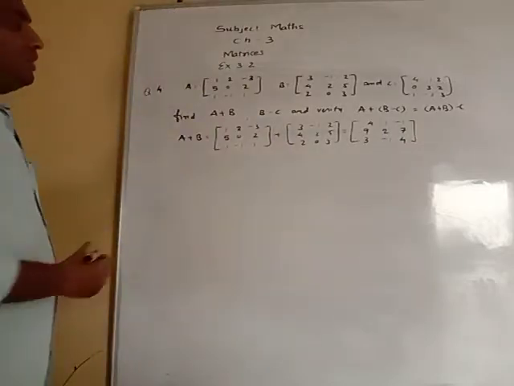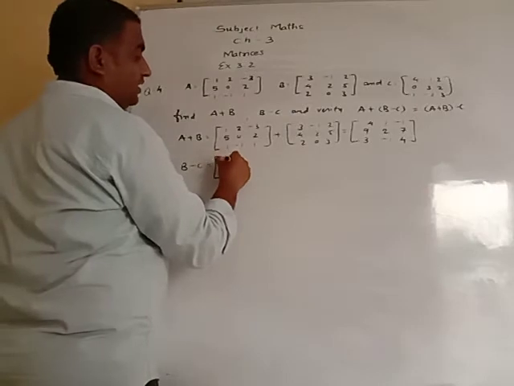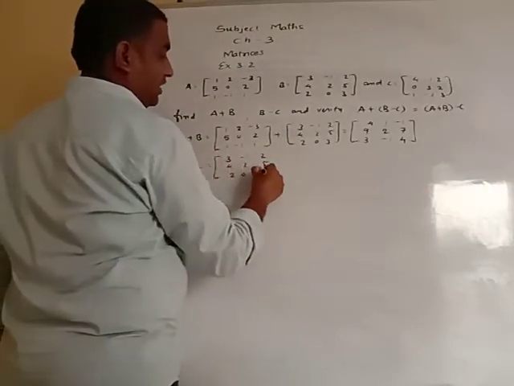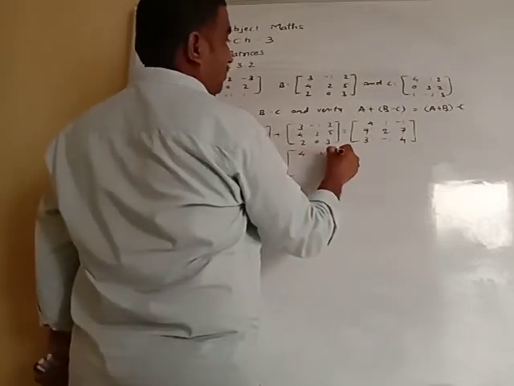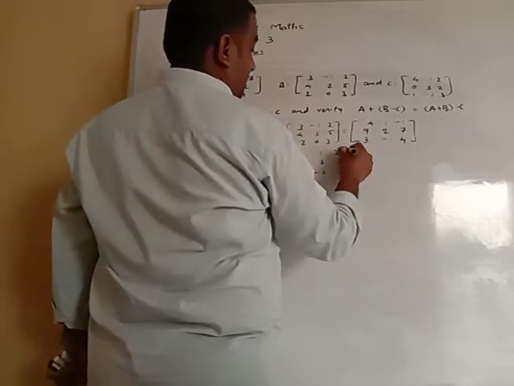Now we want to find B minus C. So B is given as 3 -1 2, 4 2 5, 2 0 3, and the C matrix is given as 4 1 2, 0 3 2, 1 -2 3.